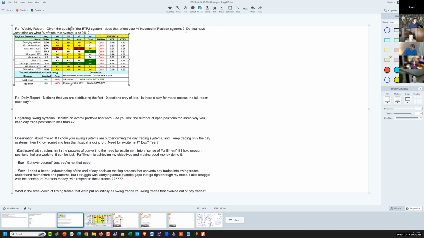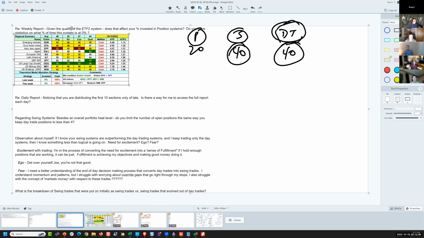In my asset allocation model, where I have position, swing, and day trading, the day trading portfolio has about 40% of my money. The swing has about 40%, and this has about 20%. But this has 0 overnight risk.